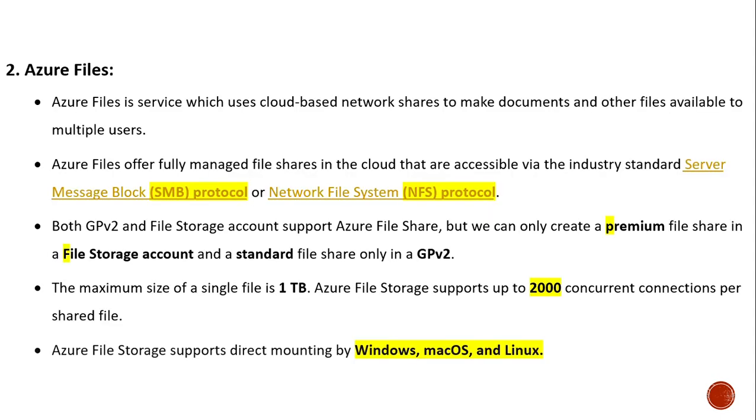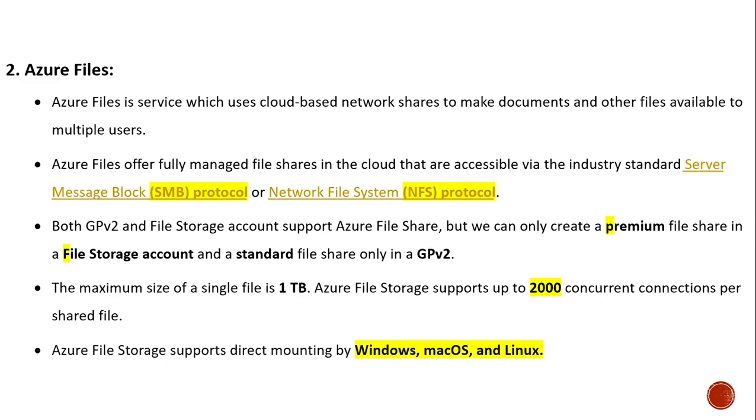The second storage service that we have is Azure Files, and it is a cloud-based network drive which is accessible by multiple users, and it is accessible by SMB and NFS protocol. So highlighted points are important. So both general purpose version 2 and file storage account support the Azure file storage.